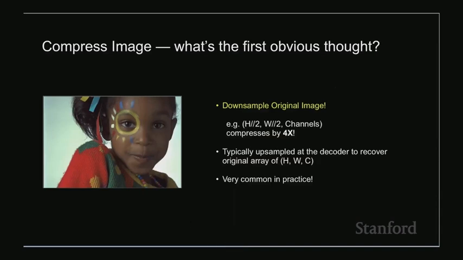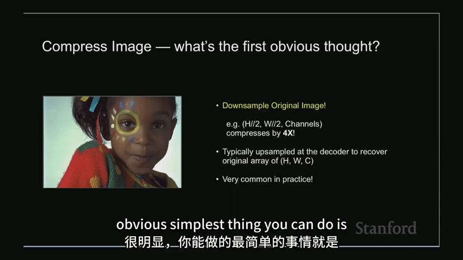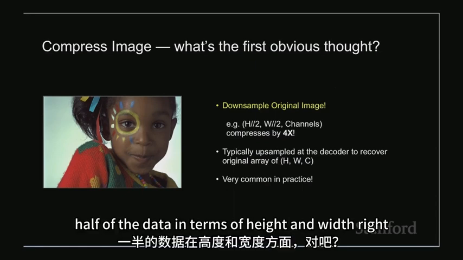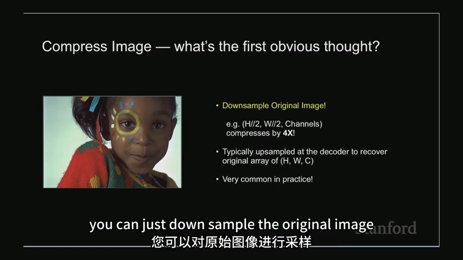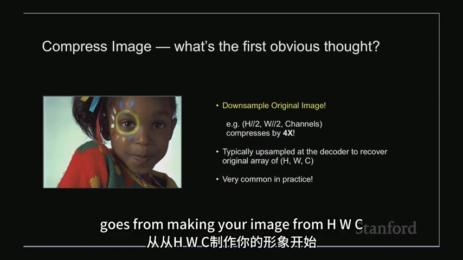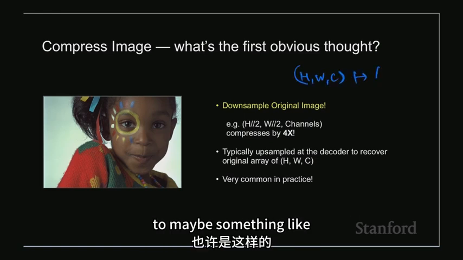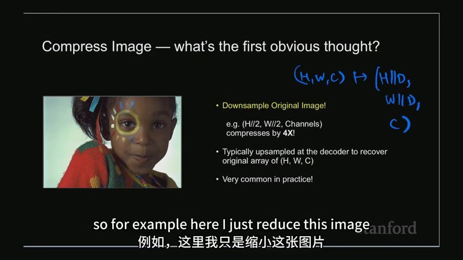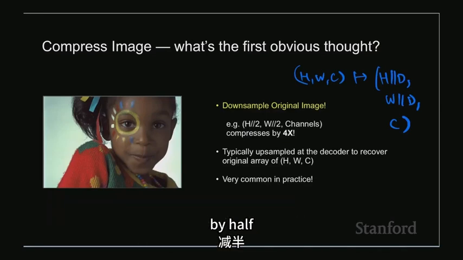Okay. Really the first, simplest thing you can do is throw away half of the data in terms of height and width. You can just downsample the original image, which goes from HWC to maybe something like H by D, W by D, and C. For example here, I just reduced this image in terms of height and width by half.